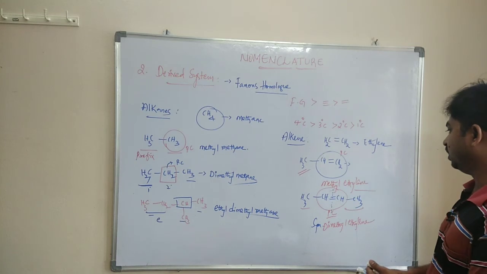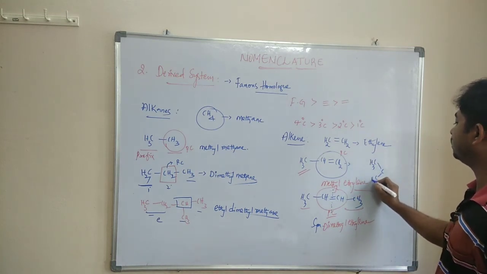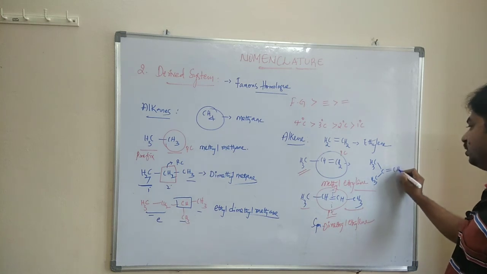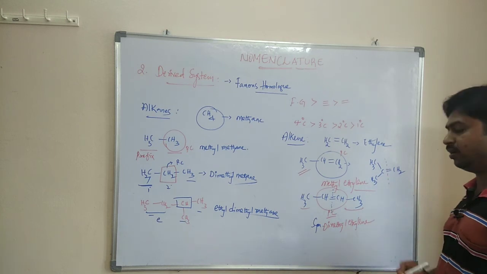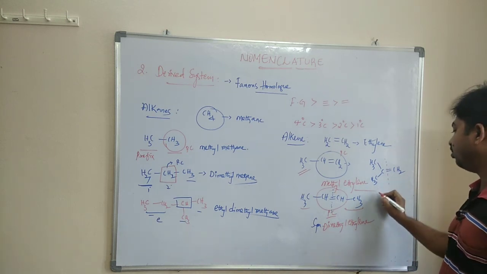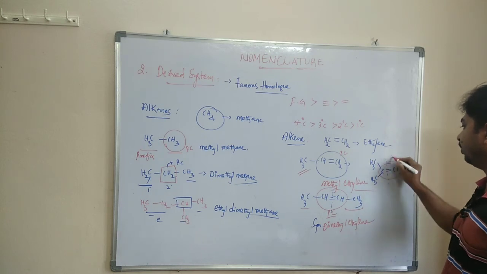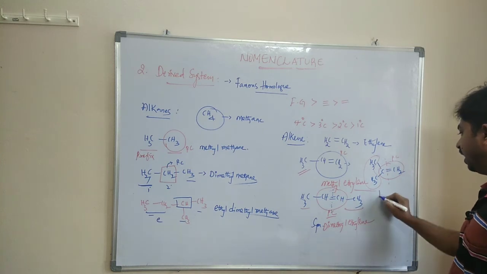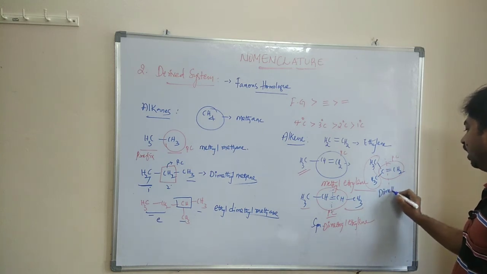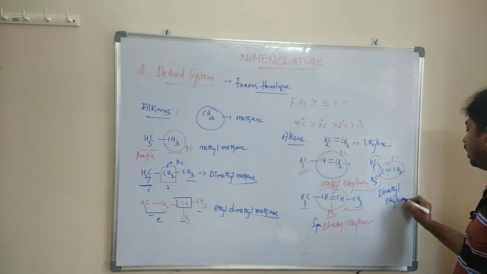ethylene. Suppose it has the arrangement like this, CH3 CH3 double bond CH2, so what is the name of this one? It doesn't have the plane of symmetry, so the name becomes, the parent chain is the same, then the prefix is also the same, so that is dimethyl ethylene is the name of this one.